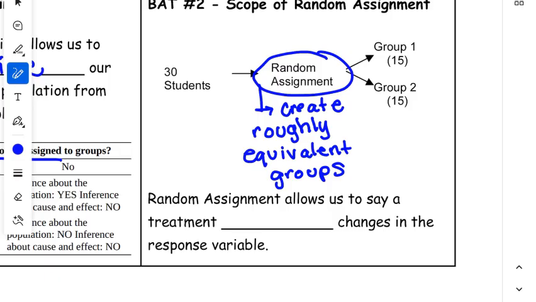So that lowers the bias. It lowers the confounding factors. Random assignment allows us to say a treatment causes changes in the response variable because your confounding factors are reduced.